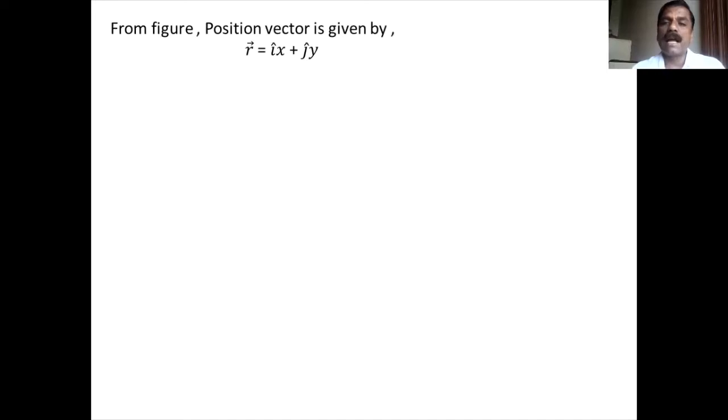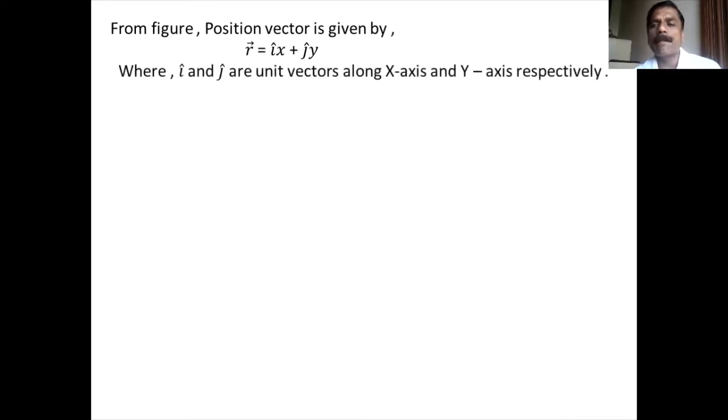It is given as i cap x plus j cap y, because the coordinates at point P are x and y. Now i cap and j cap are the unit vectors along the x and y axis. This we have already seen in the case of scalars and vectors.